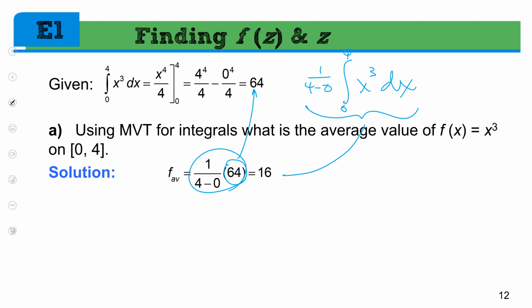When you're done writing, bust out your calculator or Desmos and do two things. Graph x cubed and then graph y equals 16. And take a look at that picture.